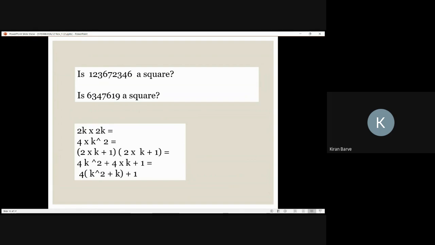What is the remainder when 19 is divided by 4? 4 fours are 16, 16 plus 3 is 19. So the remainder is 3, but no square number when divided by 4 gives remainder 3.